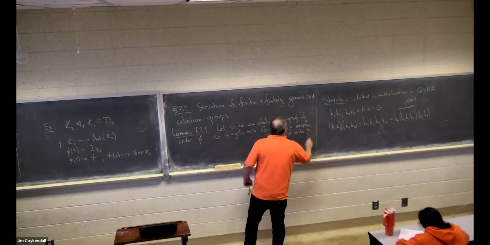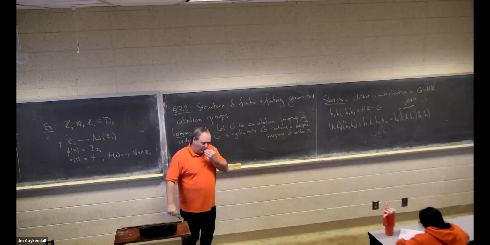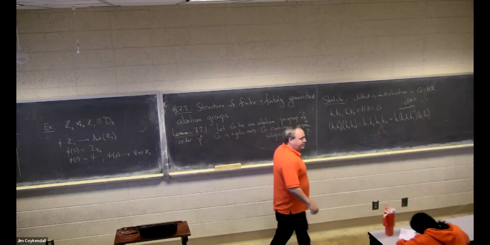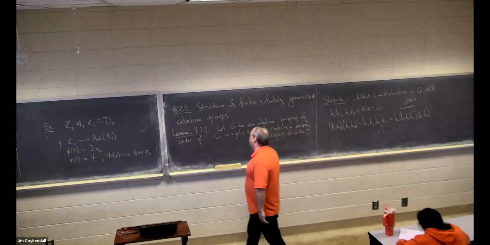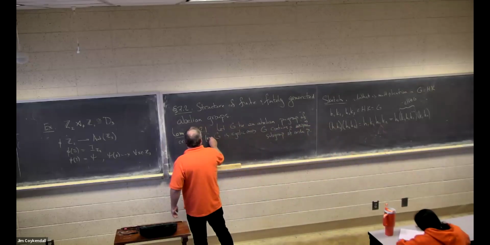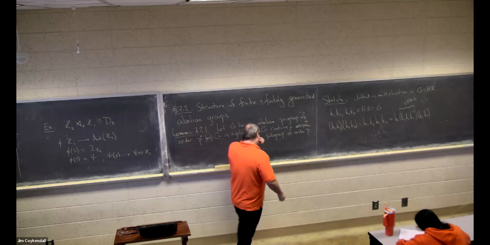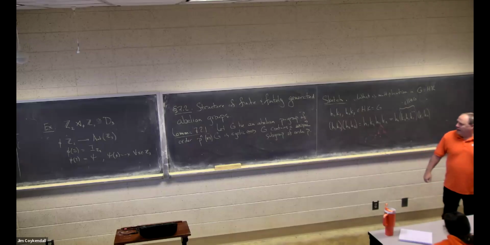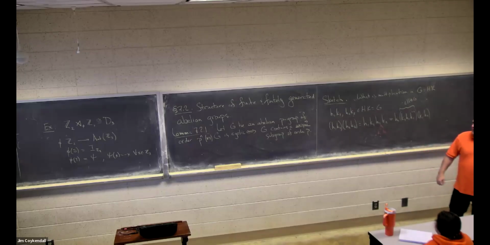Okay, so let me make some observations before we start. First of all, if you have an abelian p-group of order p to the n, here I'll assume that n is greater than 1, then by Cauchy's theorem, you must have an element of order p in there.